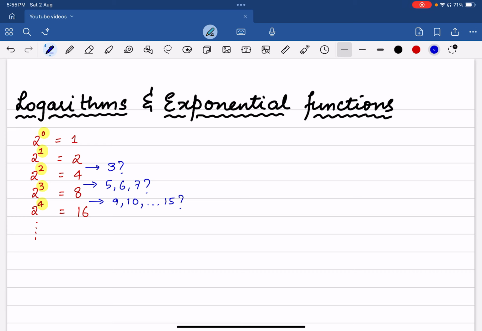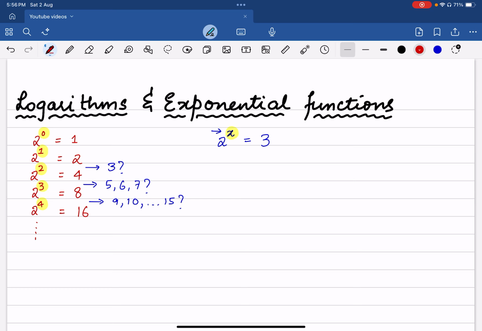So one guy, he was very interested in understanding that 2 raised to something should give me one of these values, let's say 3. So 2 raised to something should give me a 3. Now to find that something, he had to think about how can I make x the subject in this particular equation.